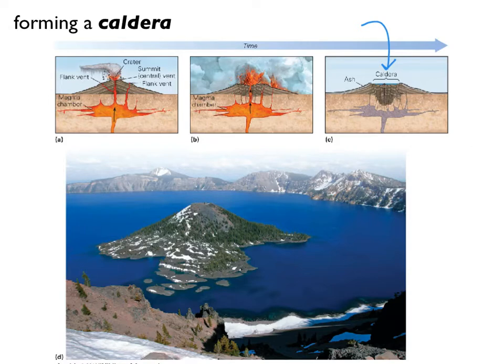And so most volcanoes that have been around for a while and have had multiple eruptions develop calderas at their top. This is perhaps the most famous caldera to us locally. This is Crater Lake. So you'll note that Crater Lake, the national park in Oregon, is part of the Cascade continental arc. So these volcanoes are developing above a subduction zone, and Crater Lake is one of these volcanoes.